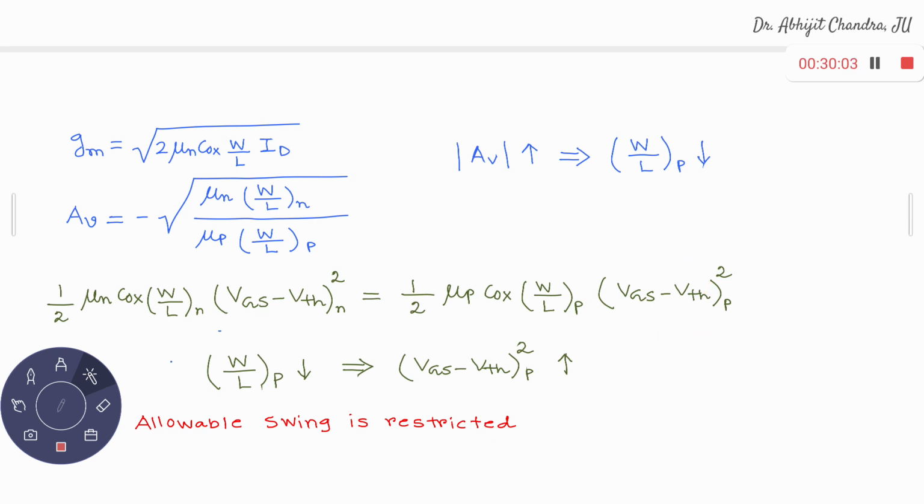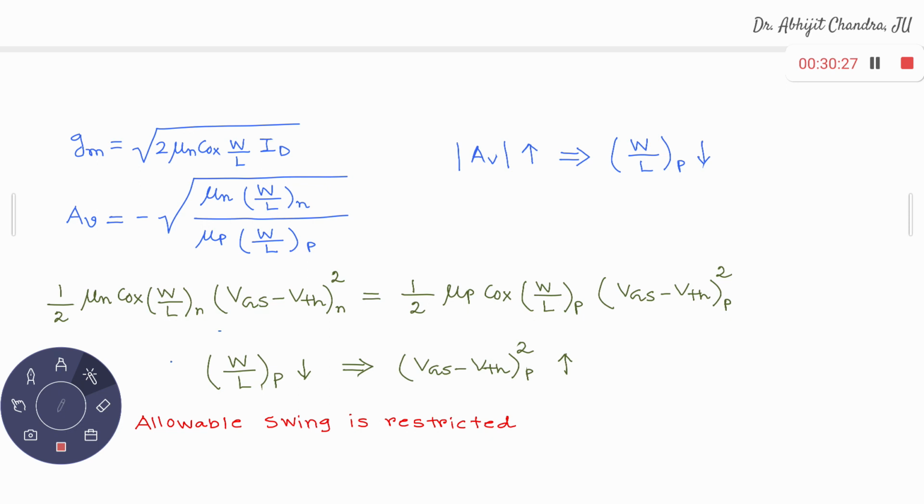So now, if this is increased, what is the penalty we are paying? Gate to source minus threshold, that means the overdrive voltage. For PMOS, this overdrive voltage is increased. That means you have less swing available. Okay, you can have high gain, you can have stable gain, but at the cost of what?